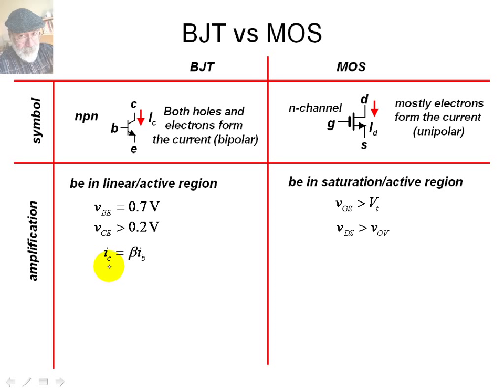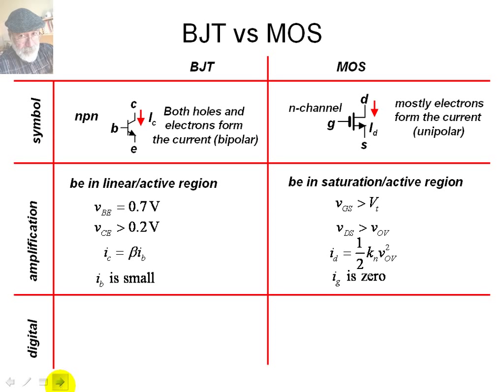The output current of the BJT, the collector current, is linearly proportional to the input base current. In the MOSFET, the output current, the drain one, depends quadratically on the overdrive voltage. The input base current is very small in the BJT. In the MOSFET, the input current, the gate current, is absolutely zero.